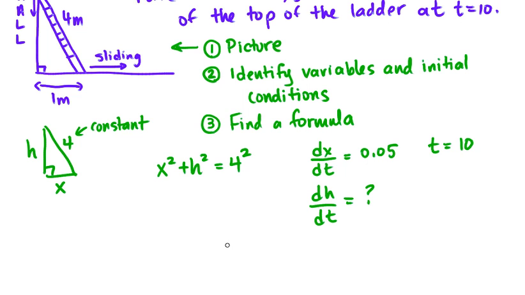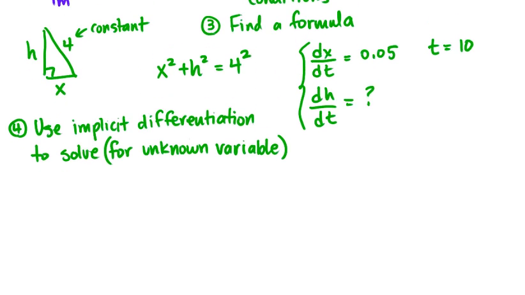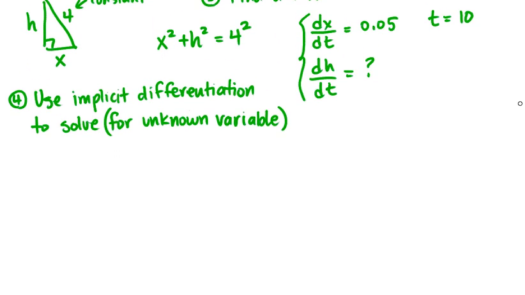Our next step is to take the derivative of our formula, and you'll notice that we start to get variables that look similar to the ones that we know or want to know. We're using implicit differentiation, with respect to t, with respect to time, to solve for the unknown variable. In this case, the unknown variable is dh/dt.